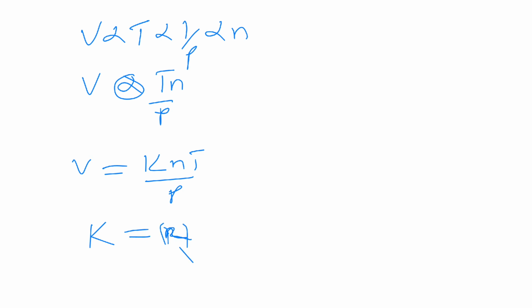And this R means the universal gas constant. This is a constant that you can obtain directly, maybe from your calculation, or maybe it is given, so this one must be provided.